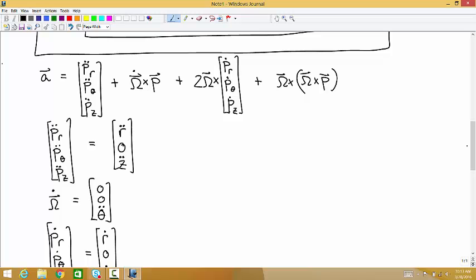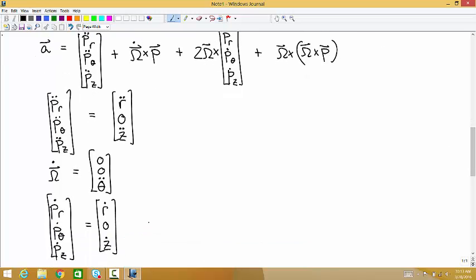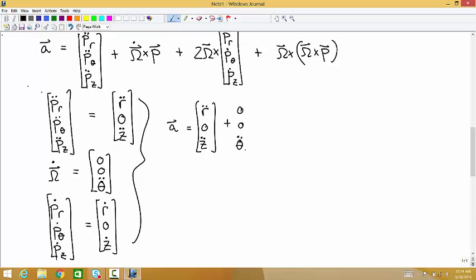Okay, so now we're ready to put this all together. So the acceleration is equal to r double dot, 0, z double dot, plus 0, 0, theta double dot crossed with the position vector r, 0, z.